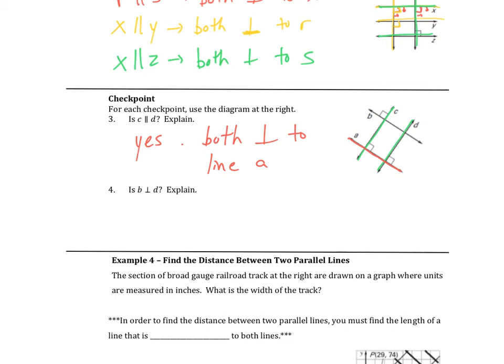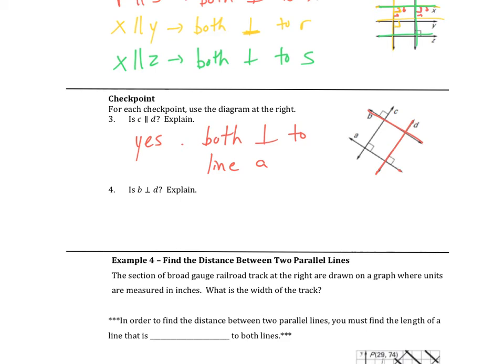And number 4, let me see if I can erase this. In number 4, it says, is B perpendicular to D? So is B perpendicular to D? So if you look at this, can we conclude that B is perpendicular to D?